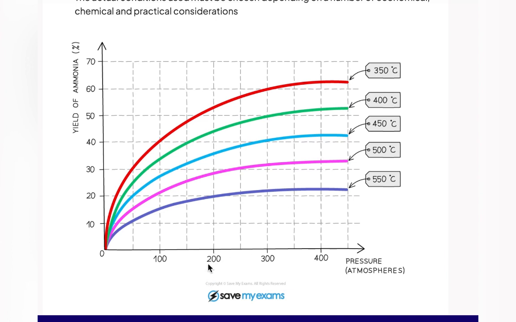We use 200 atmospheres as a trade-off. It's not the best pressure we can use, but it will give you both a suitable yield and a reasonably fast rate of reaction. So this is what we use: a pressure of 200 atmospheres and a temperature of 450 degrees Celsius.